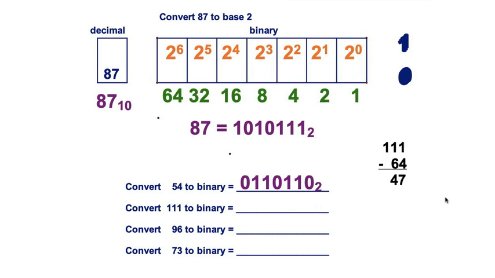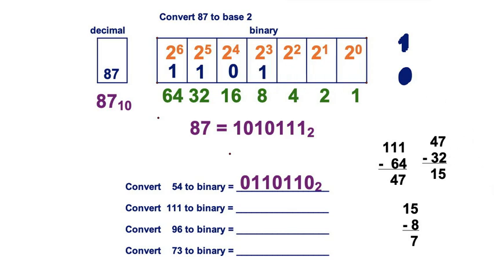Let's try 111. I know I've got a 64 in there. And I'm left with 47. 47 is bigger than 32. We like where this is going. And then it's 15. So you know what's going on there. That's not 16, but I know it's going to be every one thereafter. And again, if I wanted to see it done out, I've got an 8, right?